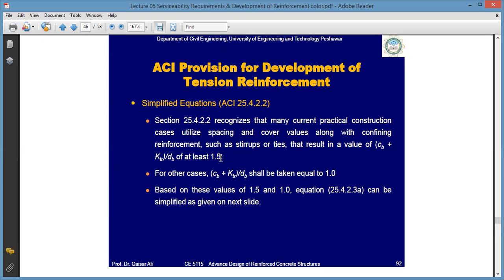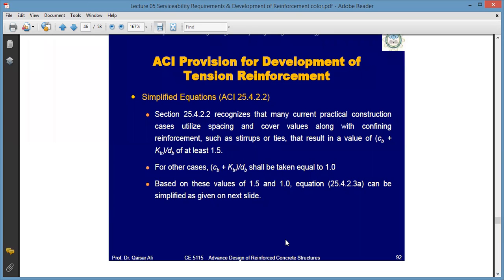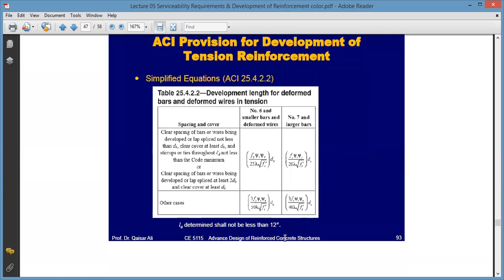Meaning for current practices, we should take this factor (cb + Ktr) divided by db as 1.5. But remember, previously we mentioned that the maximum value should be 2.5. But for current practice, it's saying that it should be equal to 1.5. For other cases, it can be taken equal to 1. Based on these values of 1.5 and 1, the equation above can be simplified as given in the next slide.